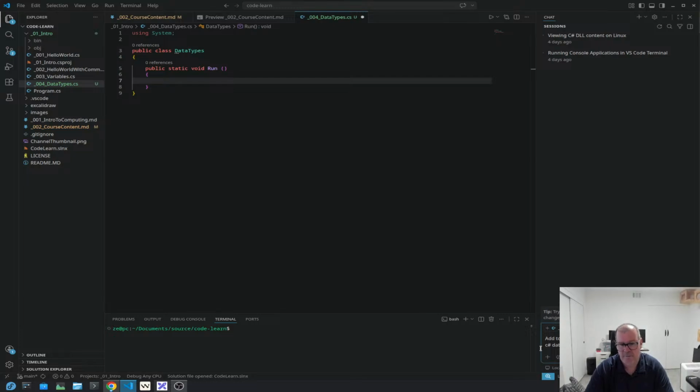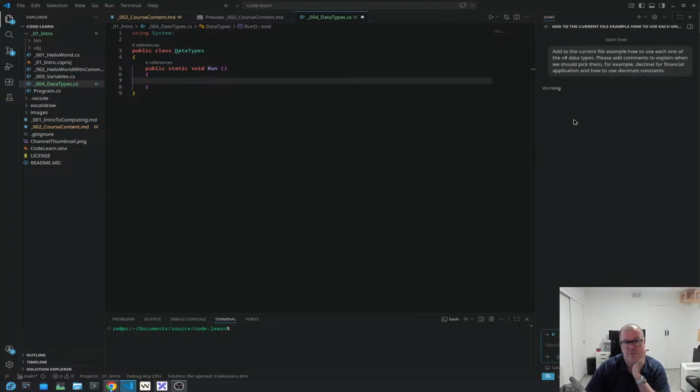Please add comments to explain when we should pick them. For example, decimal for financial applications, and how to use decimal constants. And there is one detail that I want to show you here. Let's see how good this work is going to be.